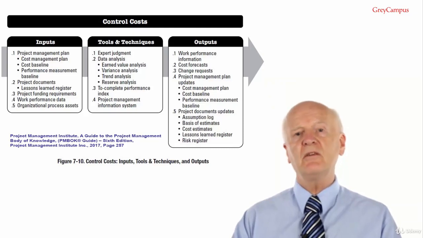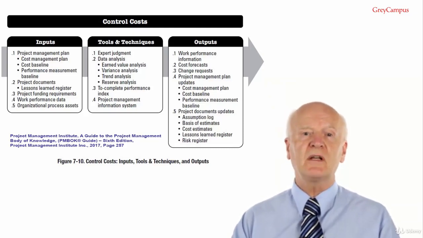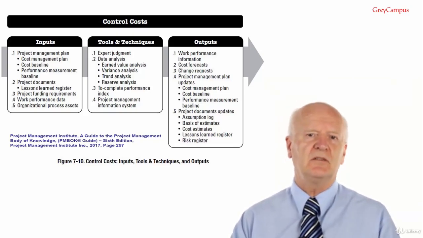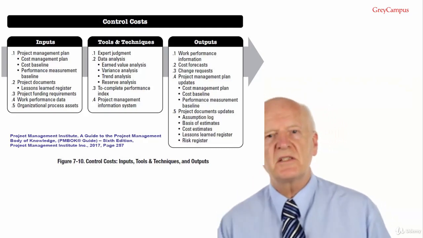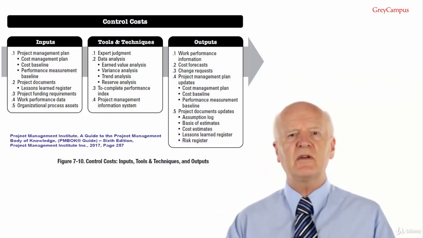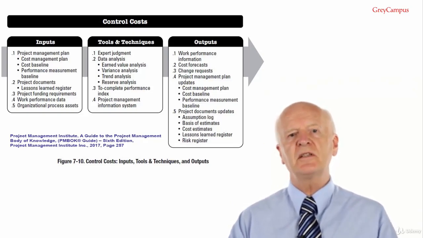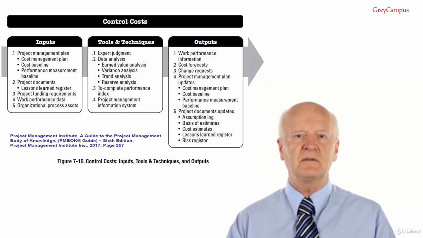Now just in case that totally simple statement from the PMBOK guide is not completely clear, let's take it apart a little bit. Variance analysis can calculate 3 variances on a project: cost variance, schedule variance and variance at completion.